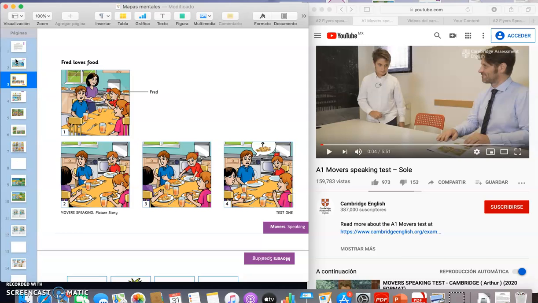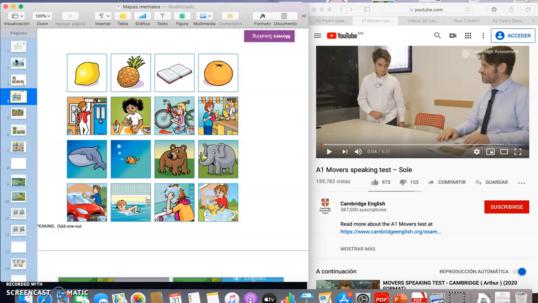For example, Fred loves food. Look at the first picture. Fred is at home with his family. They are in the kitchen and Mom is giving him his dinner. Now you continue the story. This is an example.